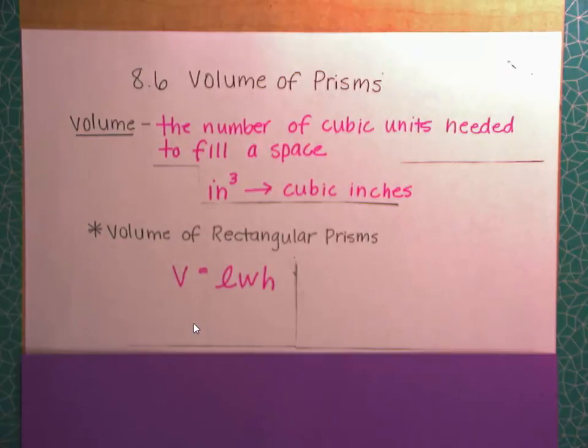What does this kind of remind you of? The area of a rectangle is length times width. So to find the volume, we're just adding this third dimension to it. We're adding height to it.